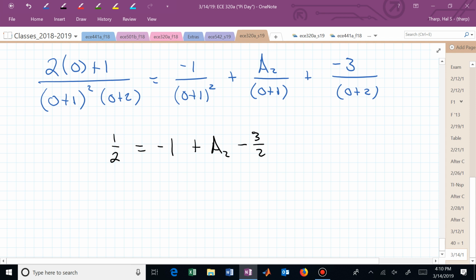I add all of those pieces together. I have minus 5/2 on the right. I can add 5/2 to both sides, and I have 5/2 plus 1/2, or 6/2, or 3. That's what a sub 2 is equal to.